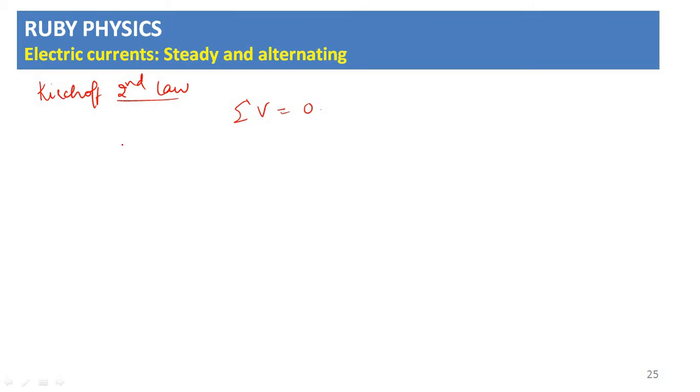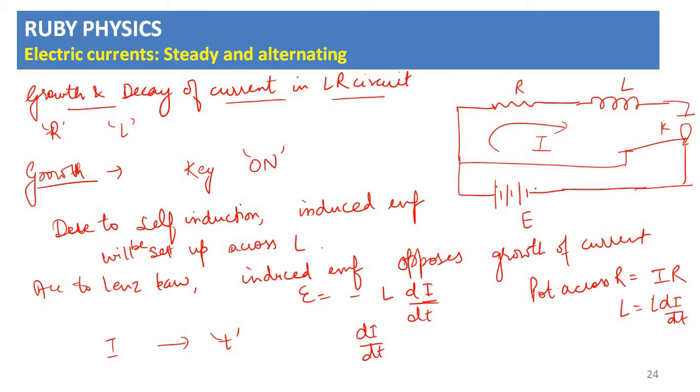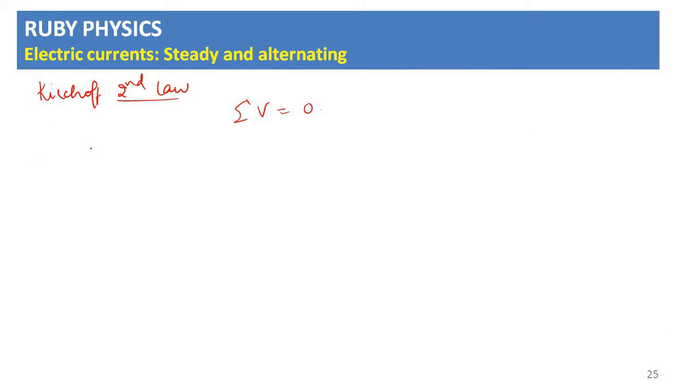If we use Kirchhoff's second rule, we can write E is equal to IR plus L di upon dt.